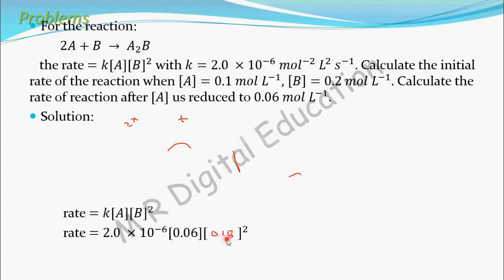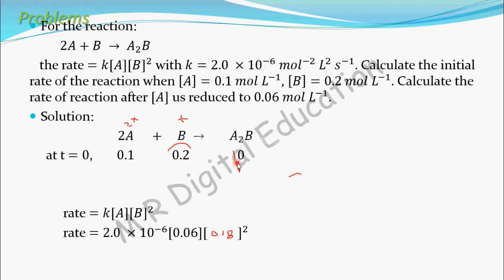Consider the reaction 2A plus B gives A2B. See what is happening in this reaction. Understand, 2 moles of A and 1 mole of B react to give 1 mole of A2B as product. So initially, at time t equal to 0, the concentration of A was 0.1 mole per liter and that of B was 0.2 mole per liter.